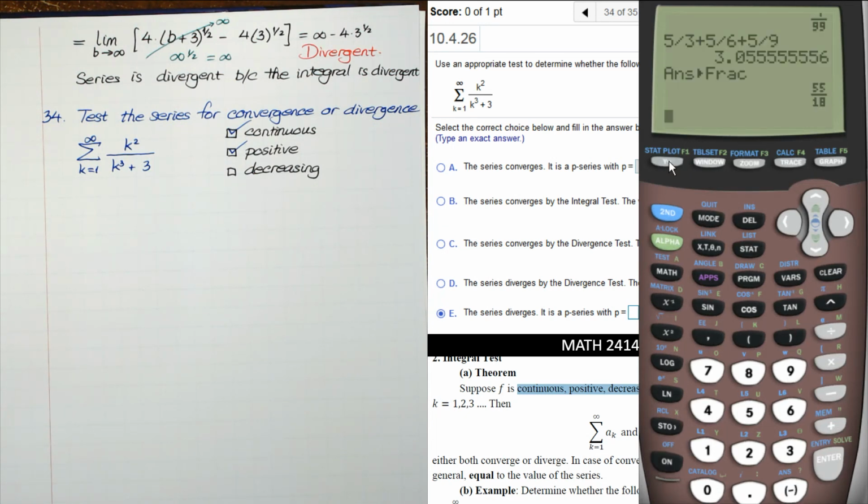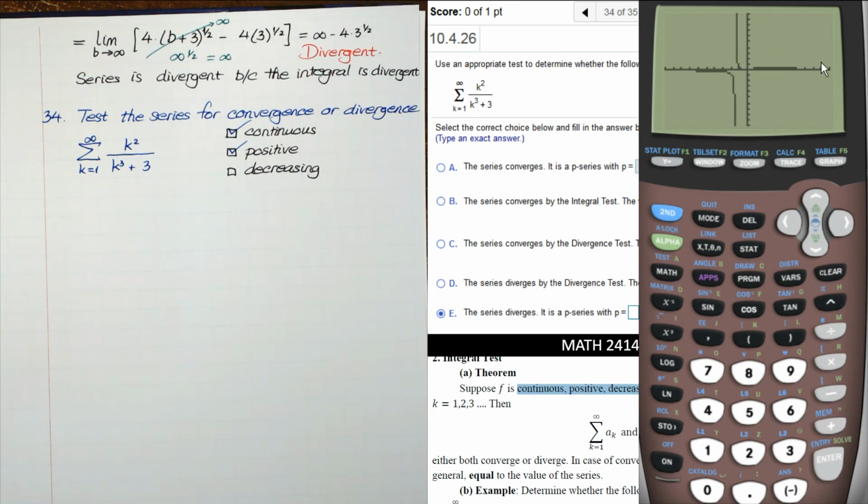How about we just graph? We use x instead of k: x squared over x cubed plus 3. Now focus on this part only.